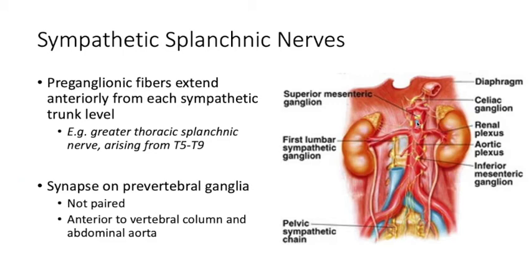So the prevertebral ganglia, not paired, are anterior to the vertebral column. That's why we call them the prevertebral, but really they are directly anterior to this big red tube here. That is the abdominal aorta. So actually the aorta comes out, like, I'm just gonna try, terrible. This is your heart, and then the big fat aorta comes out of it and then heads down inferiorly into your abdomen.